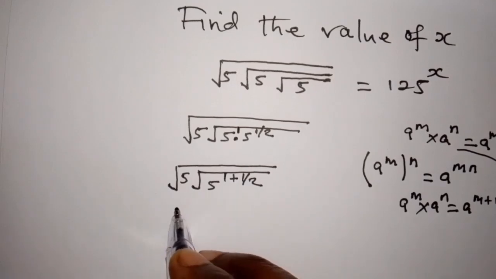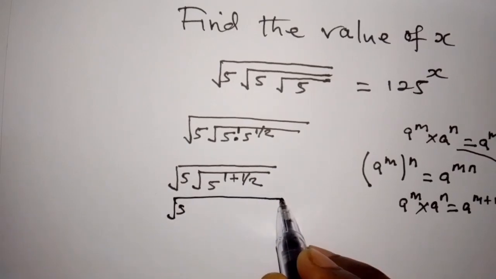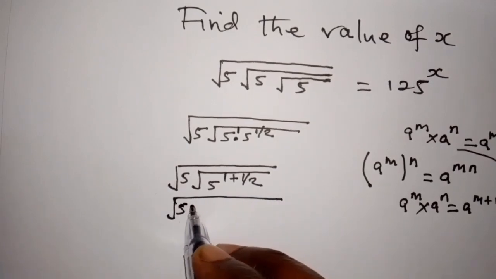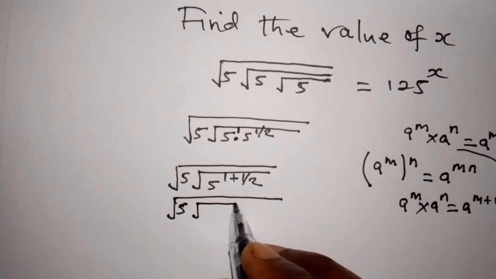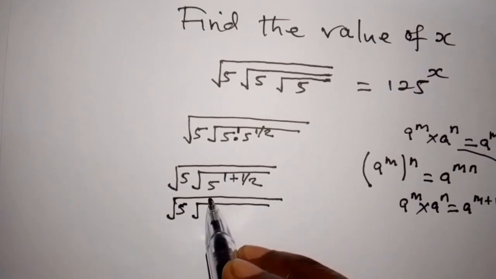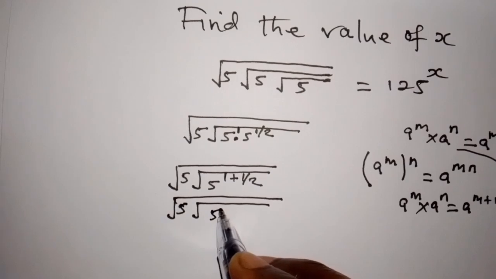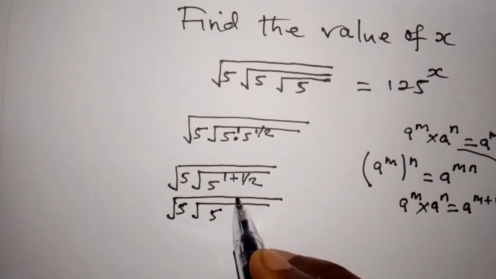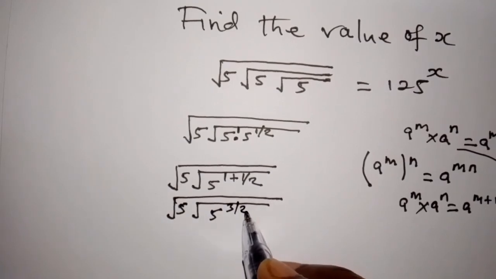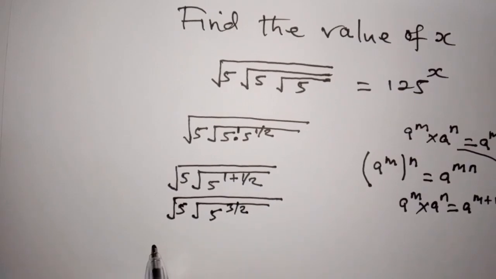So this is going to give us square root of 5 into square root of 5 power 3 over 2.